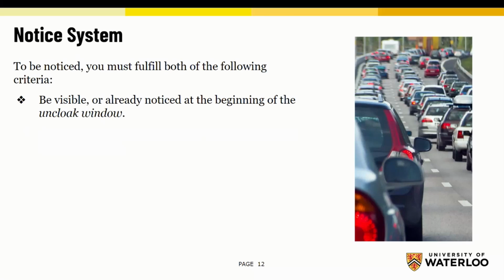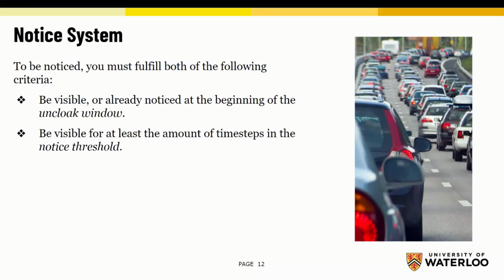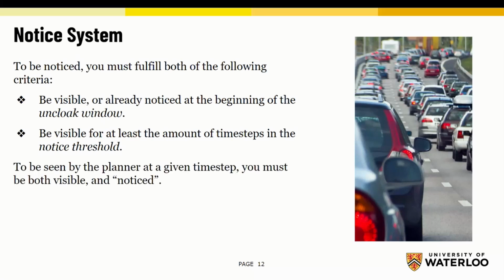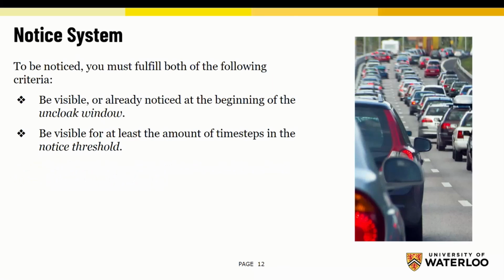It includes surprise that people might have before realizing that I have to hit the brakes. And the notice threshold. You have to be visible for at least the amount of time steps in the notice threshold. And what this means is that if you are visible for just a brief moment, just an edge of you appears from behind somebody else, you're not going to get noticed, because an automatic system would rule that out as a false positive, and a human wouldn't even notice.